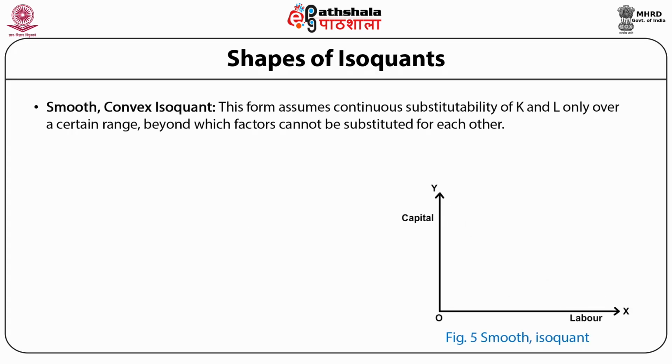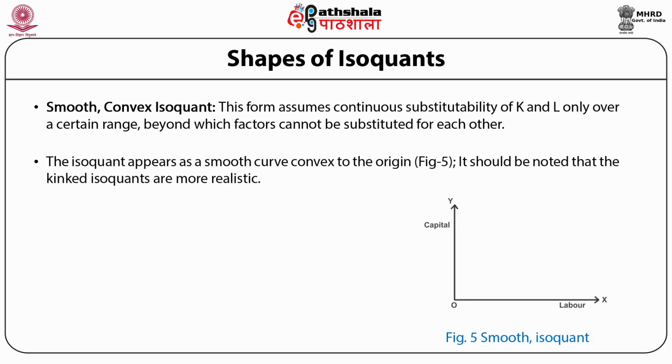Smooth convex isoquant. This form assumes continuous substitutability of K and L only over a certain range, beyond which factors cannot be substituted for each other.